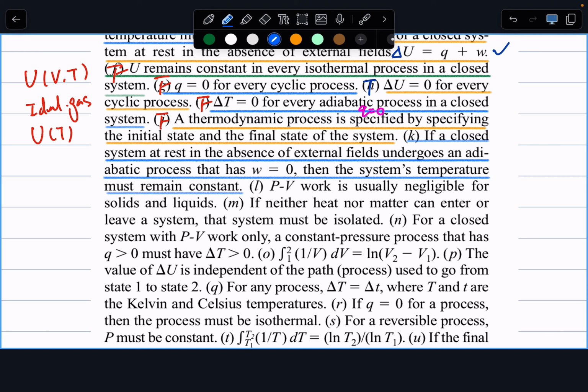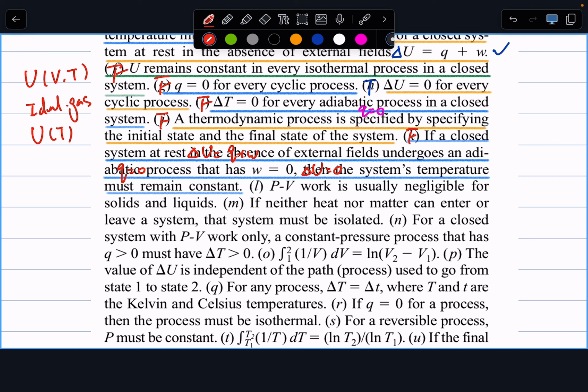It tells us the closed system is at rest in absence of external field, so we can use our first law of thermodynamics: delta U equals Q plus W. It undergoes an adiabatic process, so Q equals 0, W equals 0. So we have delta U equals 0. But delta U equals 0 doesn't necessarily tell us the temperature is constant. So this statement is false.